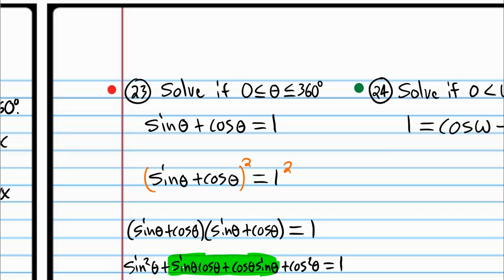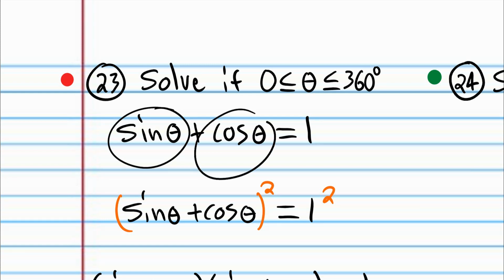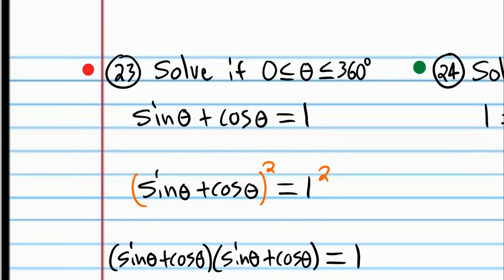So let's try plugging in 0, and this may take a while. You need your sine curve and your cosine curve, but if you plug in 0 degrees, sine is 0, and cosine is 1. So 0 plus 1 is 1. So 0 degrees works.